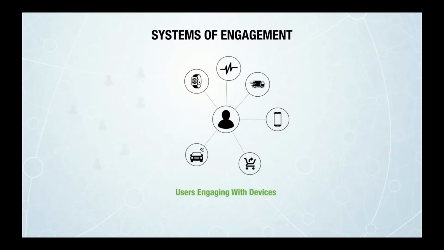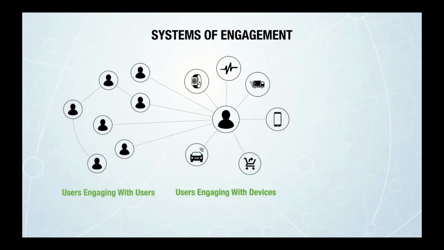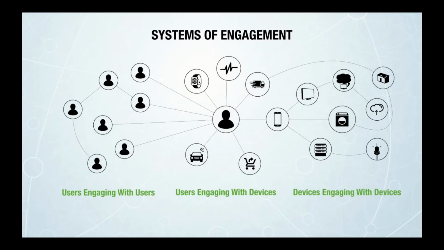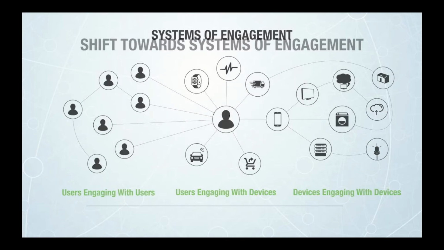So we have users engaging with multiple devices, and users engaging with different users, and devices in the IoT world engaging with other devices. So there are a lot of ways that this data needs to interact with each other and not just be stored in these silos in tables.